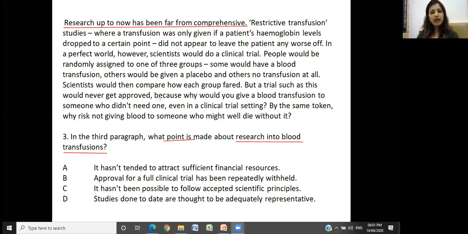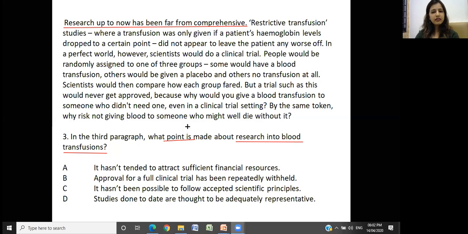The writer did not start the paragraph by saying that there are more drawbacks of blood transfusion than benefits. Whatever information he has given, he has used tentative words, suggesting that blood transfusion could carry more risk. So the writer himself is not sure whether the risks are more or the benefits are more. Neither do the studies which he has cited.